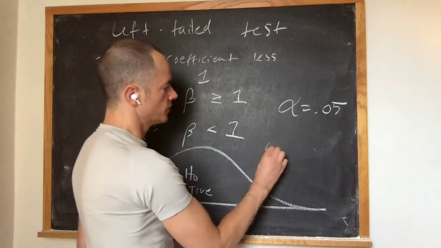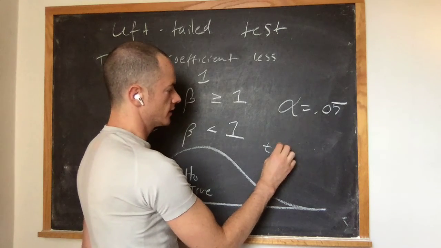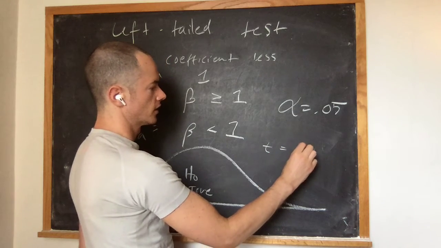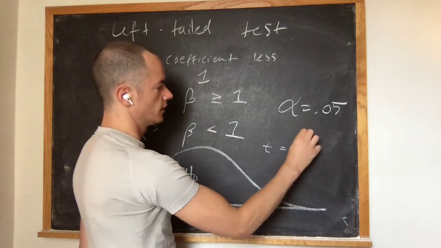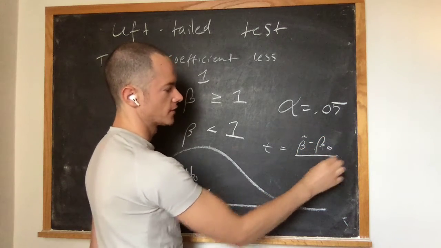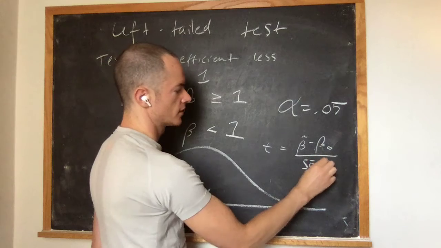And let's review the test statistic, the t-stat. That's going to be the estimated value minus the null hypothesized value over the standard error.